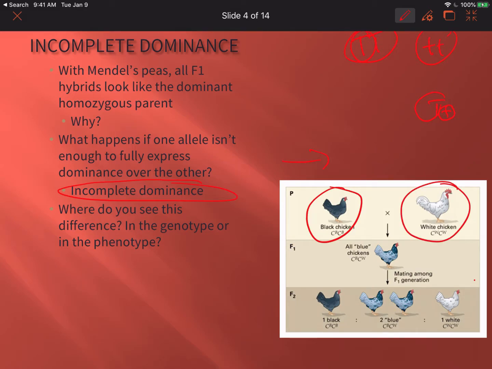What you would actually get is more of this kind of blending of the two.